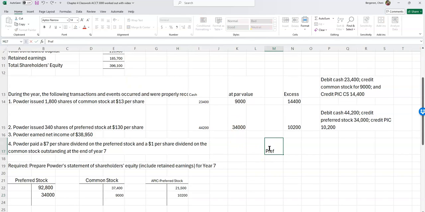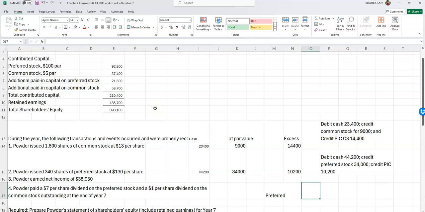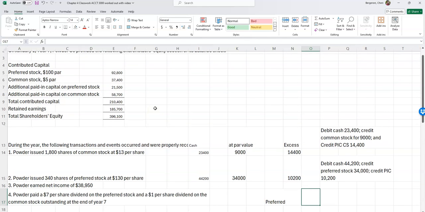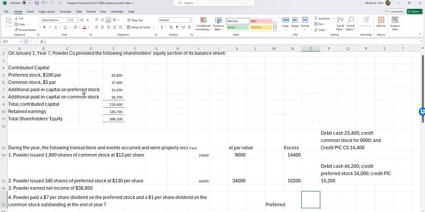So how much do we pay to preferred? Well, let's see how many shares outstanding we have of preferred. It doesn't tell us here, but we always have a way of getting it. I can figure that out because I know it's always listed at par value, and my value is right now 92,800. So ask yourself, how can I figure out the number of shares?